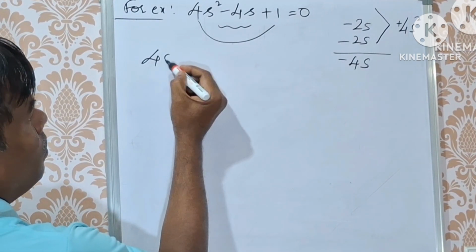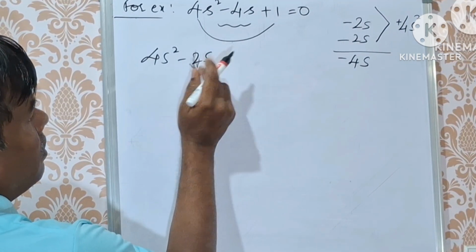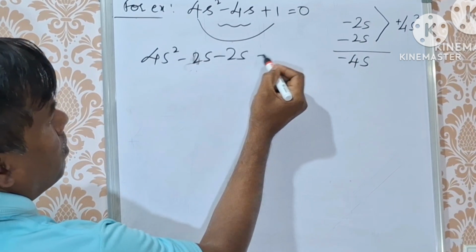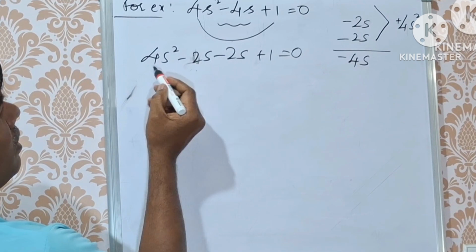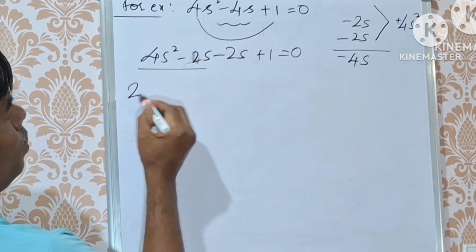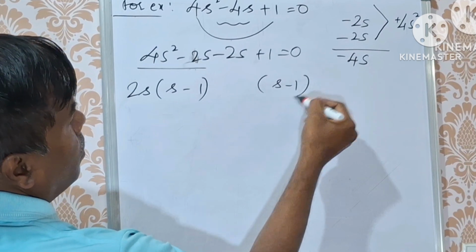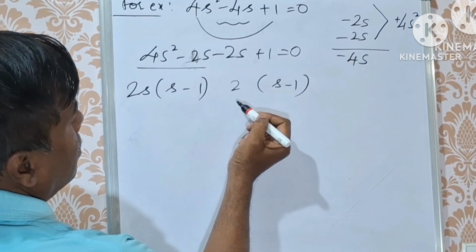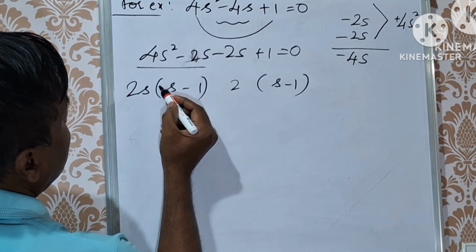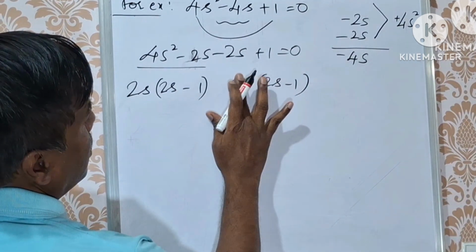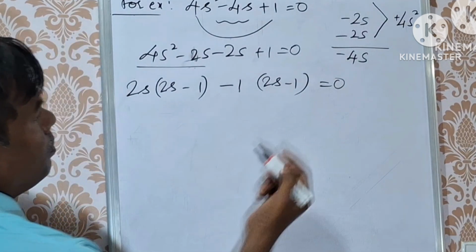So this becomes 4s square minus 2s minus 2s plus 1 equals 0. What is common here? 2s. 2s into s minus 1, here minus 1. 2s minus 1, 2s minus 1, this is minus 1 equals 0.